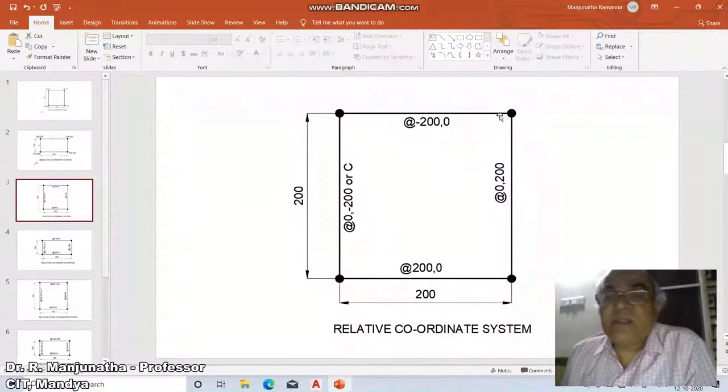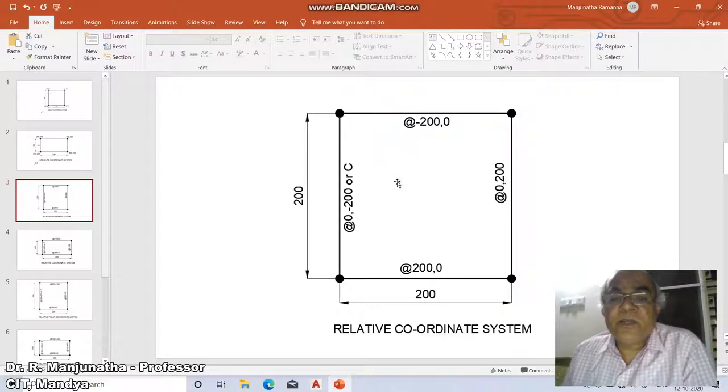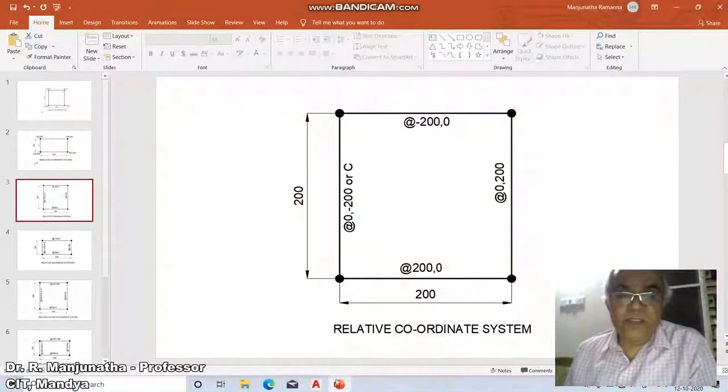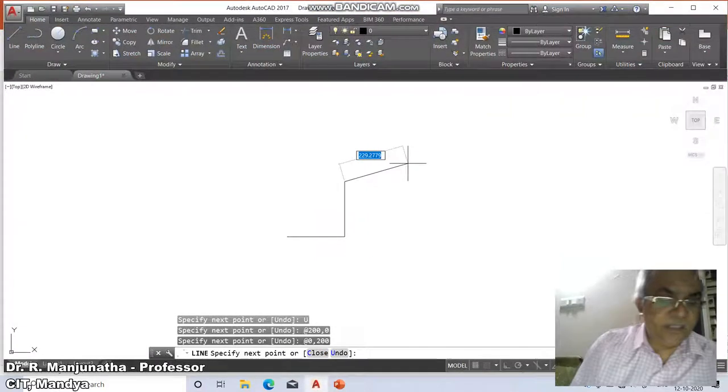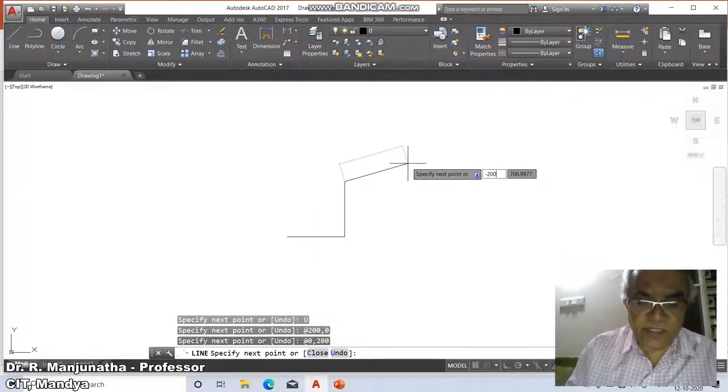The position of x is minus. In the first and fourth, plus, plus; in the first quadrant, second quadrant is minus, plus; the third quadrant is minus, minus. Since you are moving opposite to the UCS x-axis direction, I will type at the rate minus 200, 0.